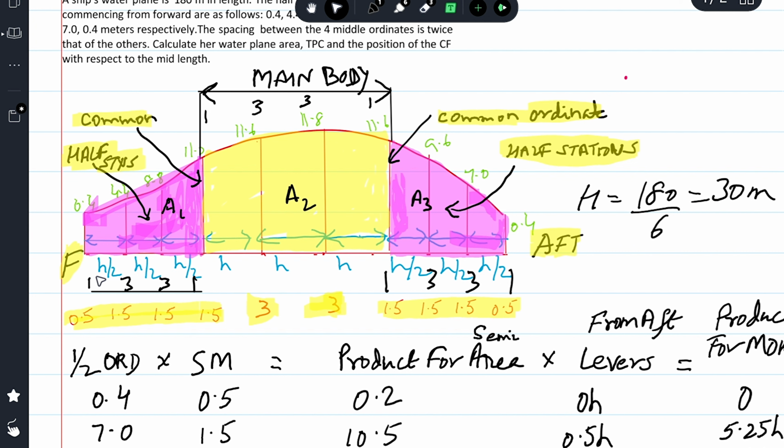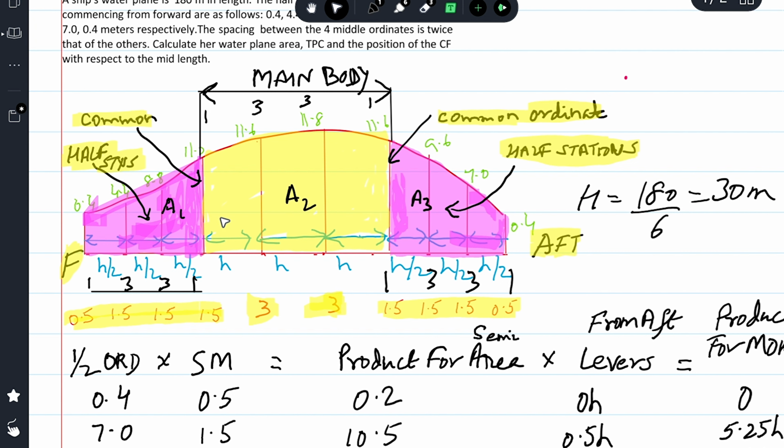First, write the normal multipliers as if you are doing the 3 areas separately. Assuming I am doing area A1 separately, 4 ordinates are there in area A1. My multipliers for rule 2 will be 1, 3, 3, 1.